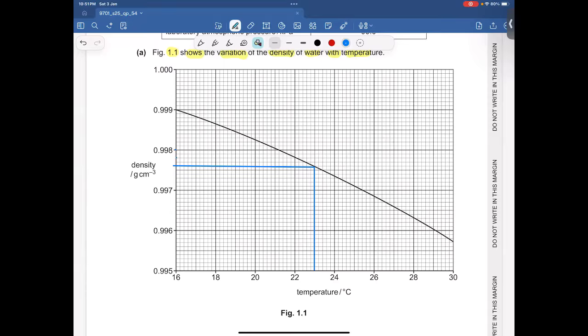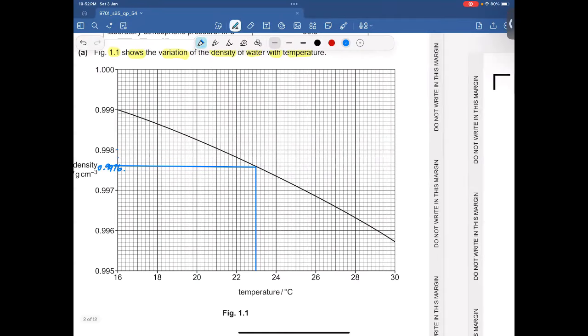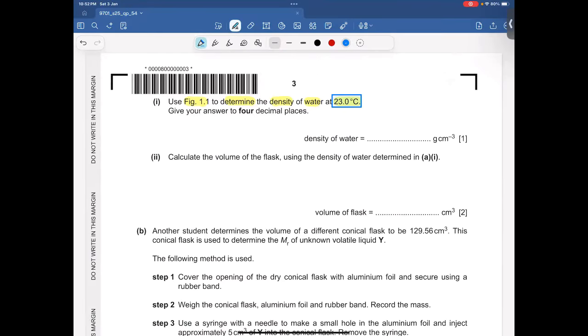It's basically 0.9976. The examiner is looking for the answer to 4 decimal places, so 0.9976 is the correct answer, in gram per cm cubed. Now, the examiner is saying calculate the volume of the flask using the density of water determined in A1.